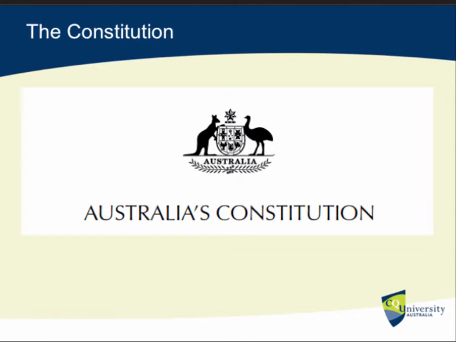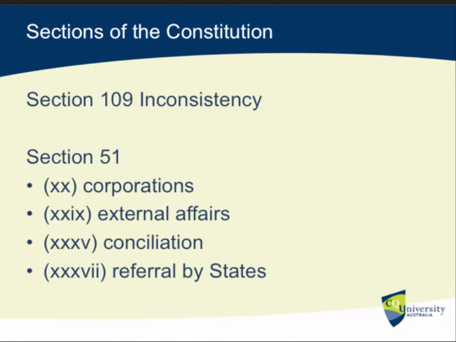Now, as part of the introduction to the course, I want you to think about the Constitution. Hopefully some of you have completed constitutional law, but if not, these are the main sections that I want you to be aware of. First and foremost, be aware that Section 109 of the Constitution says that where there's any inconsistency between a Commonwealth law and a state law, it's the Commonwealth law which is going to prevail.